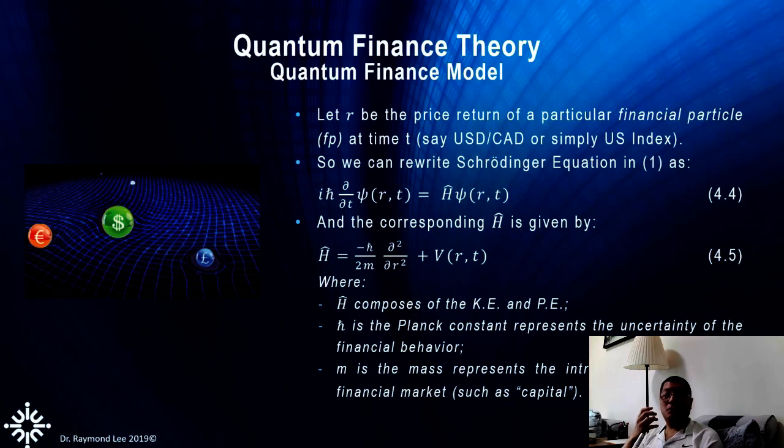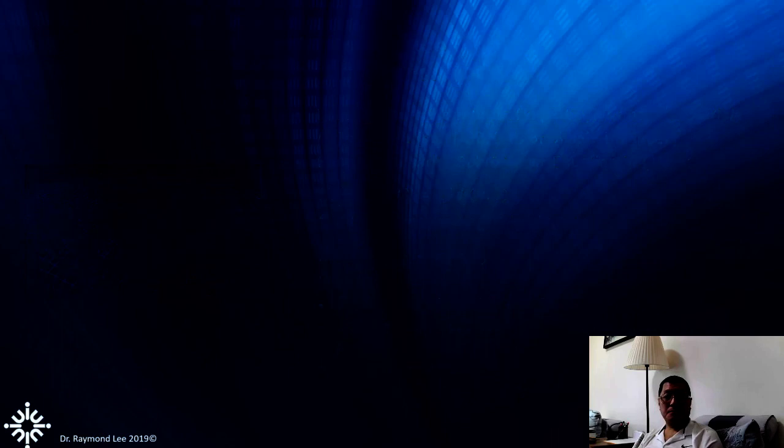Of course, you can imagine the mass in the Schrödinger equation is analogous to the capital. U is the mass of the market, because we are the capital market, of course.